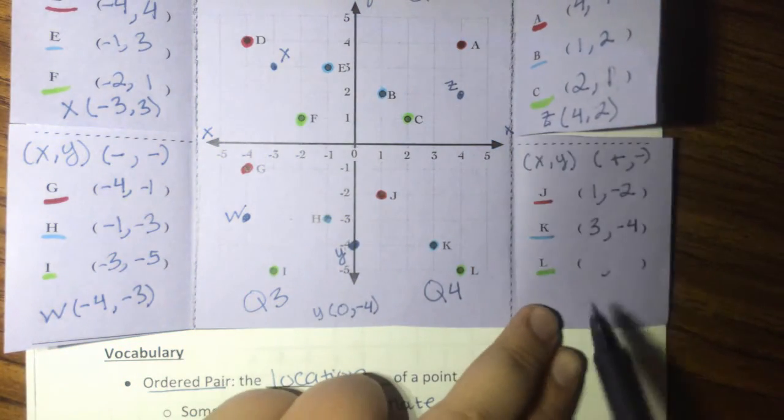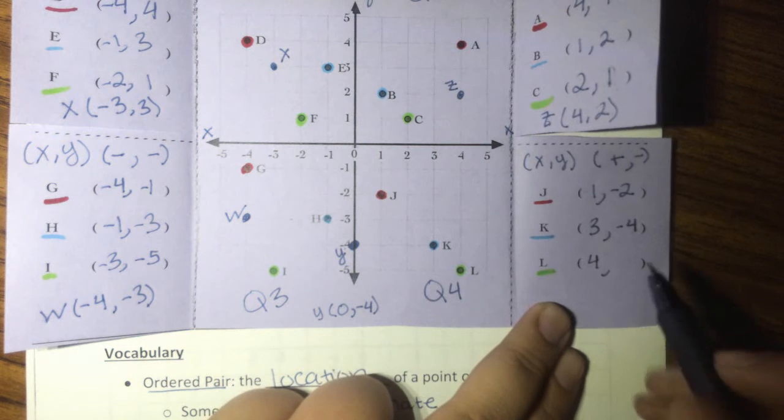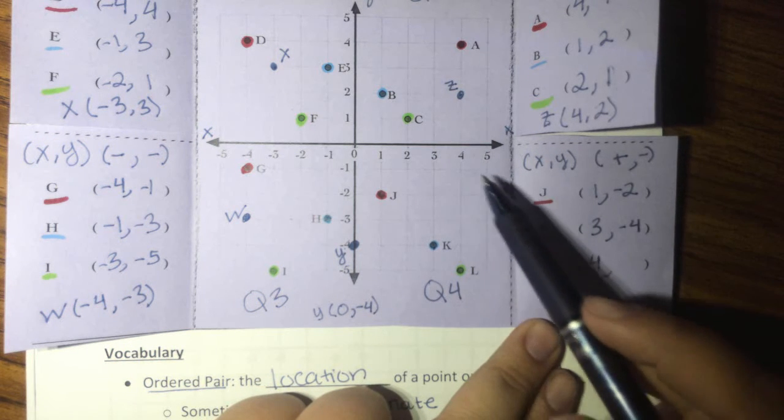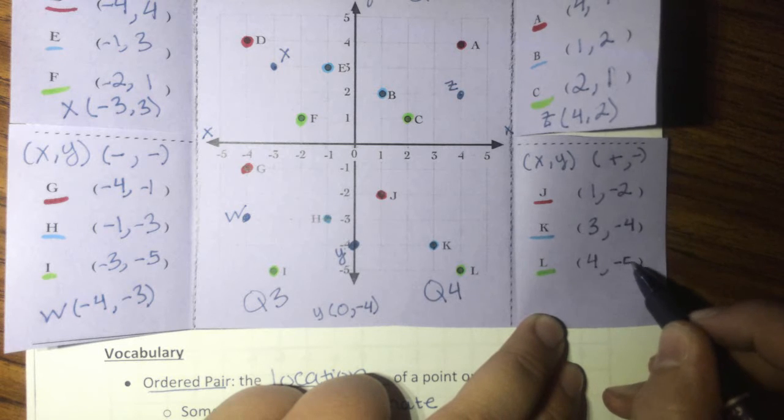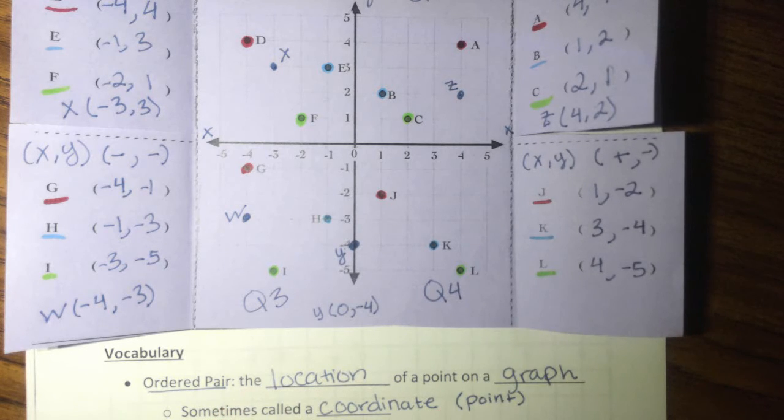The number on the y number line is -5. So the ordered pair for L is 4, -5.